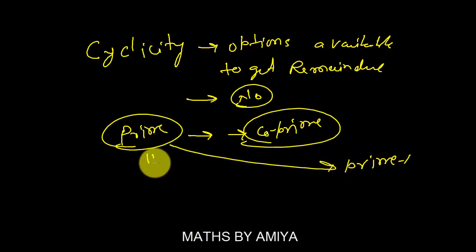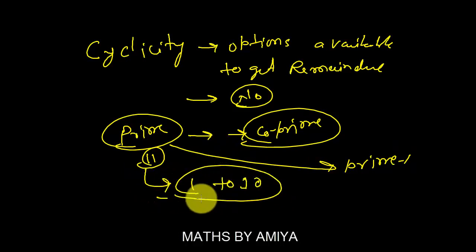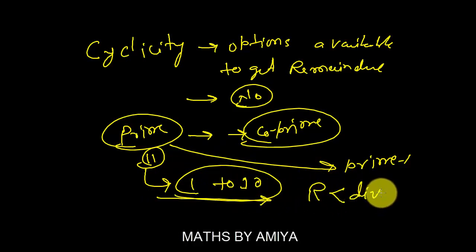All the options, say for 11, we have options 1 to 10 which are co-prime to 11. Why only 1 to 10? Because the remainder is always less than the divisor and should be greater than or equal to 0. I am not taking 0. Why so? Because when we take 0, these two become non-co-prime.